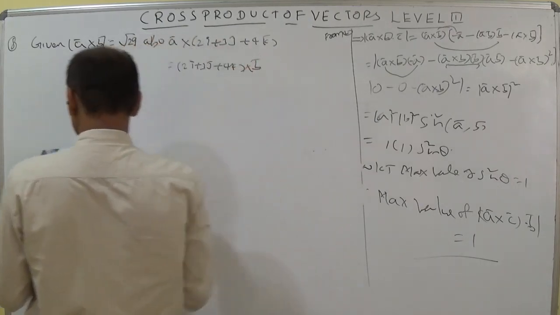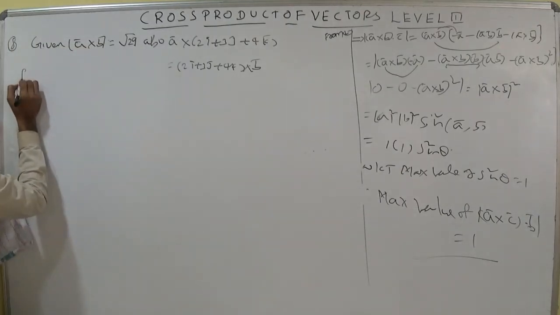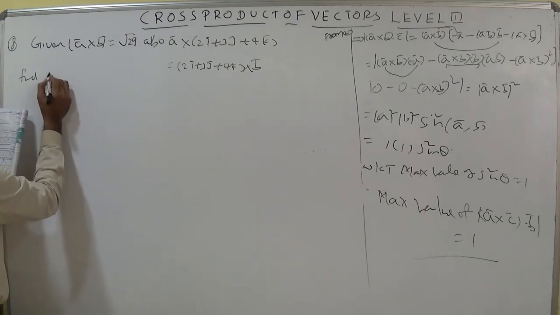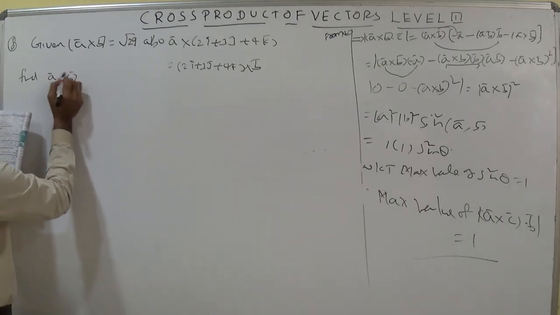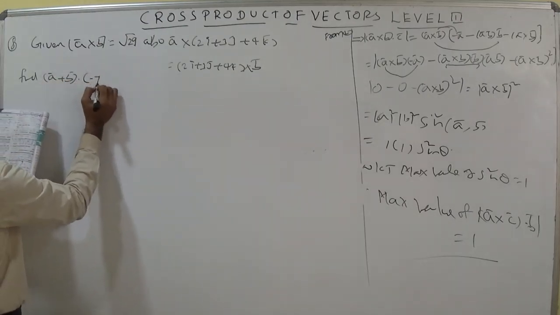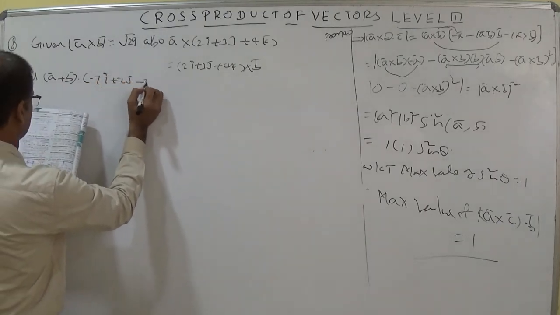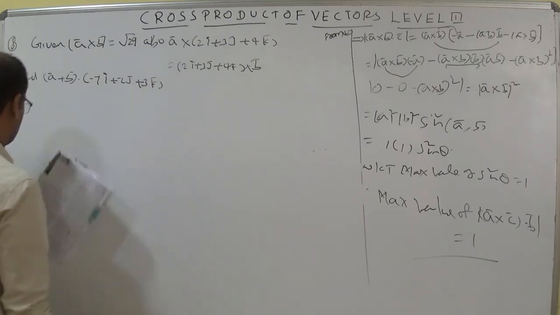The two values are equal. Then find a possible value of each also. Find A bar plus B bar dot 7i plus 2j plus 3k.